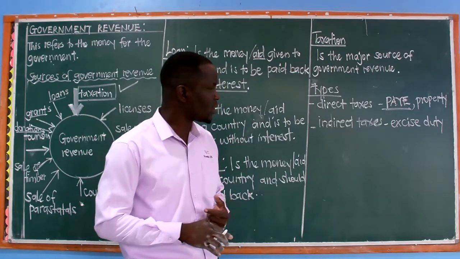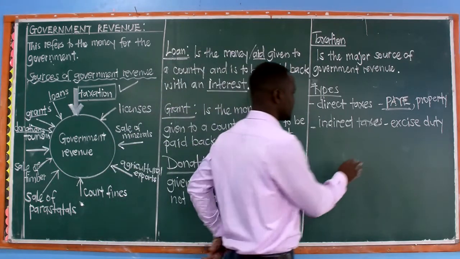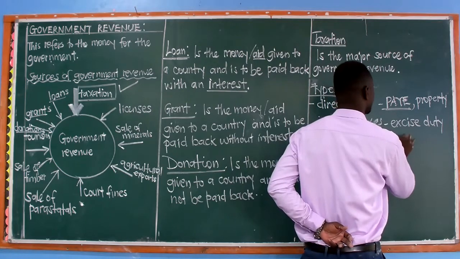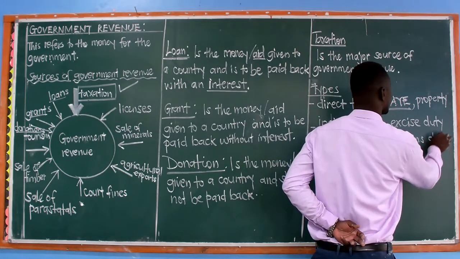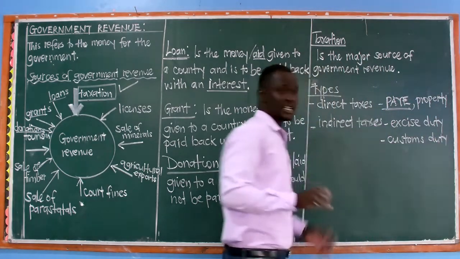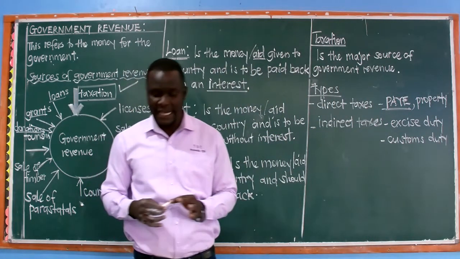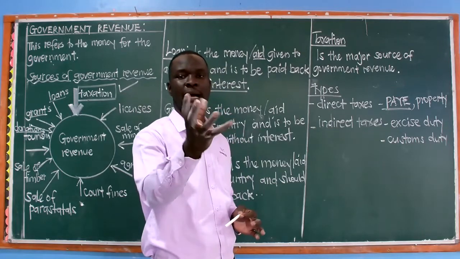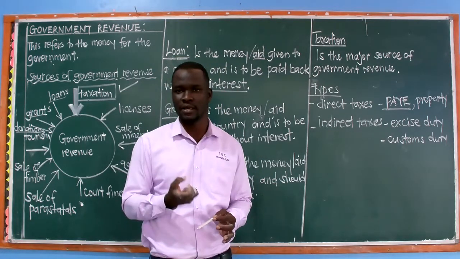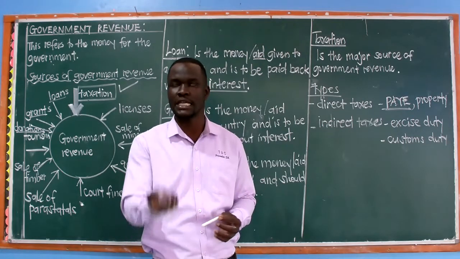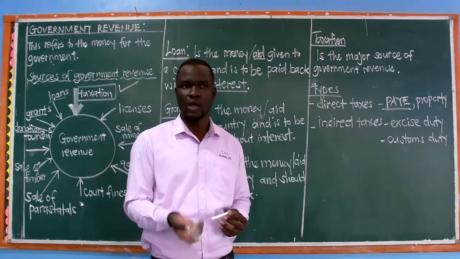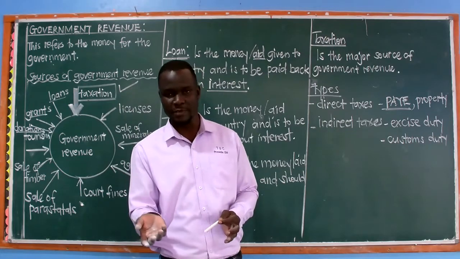Then we have what we call customs duty. Customs duty is the tax which is charged on goods coming into a country. In first term, we talked about importation and exportation, where we had imports and exports respectively.